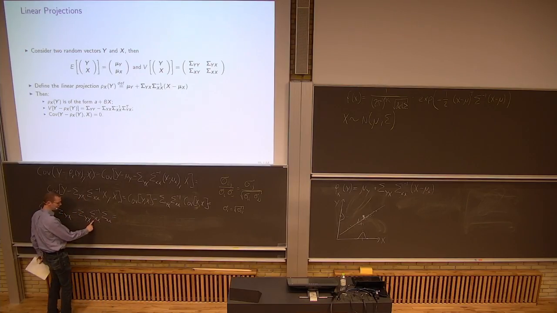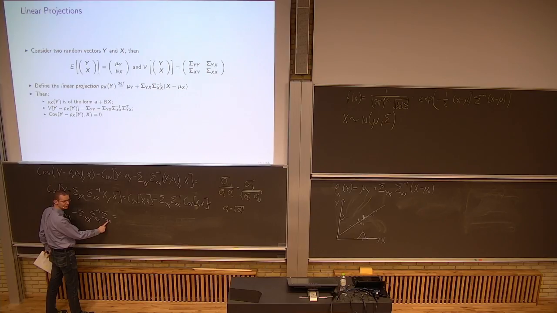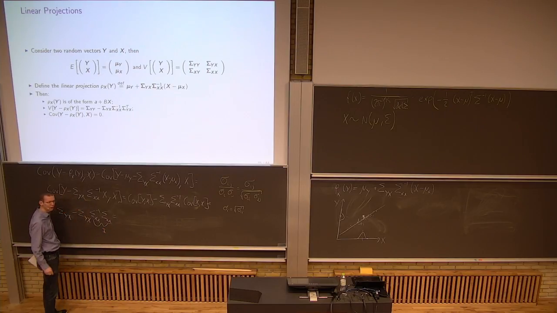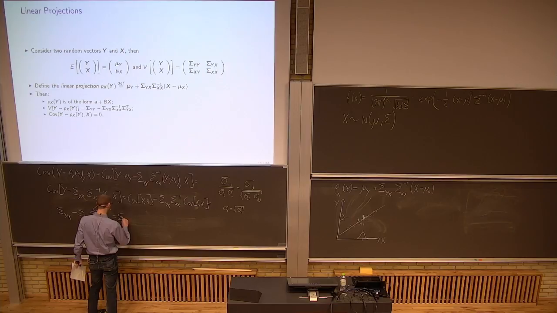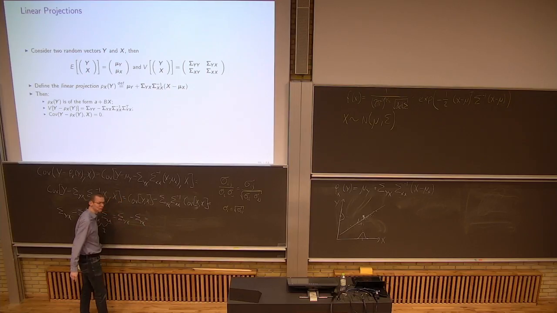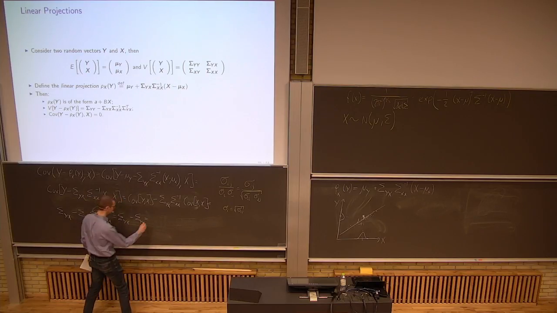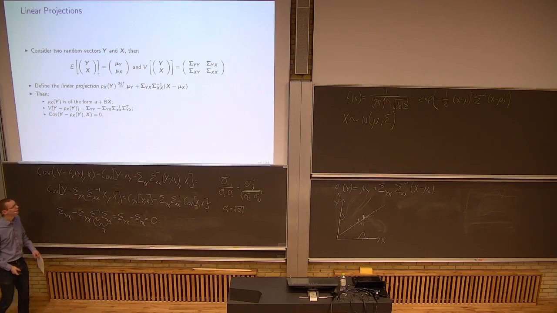Now, sigma xx inverse pre-multiplied on sigma xx, what is that? That's the identity matrix. So what we have left is sigma yx minus sigma yx. Well, a minus a equals 0. Done.